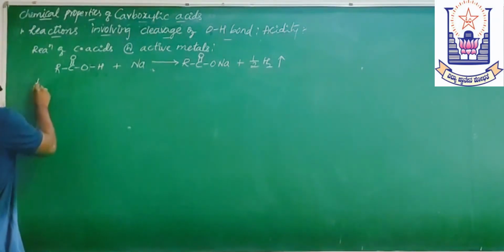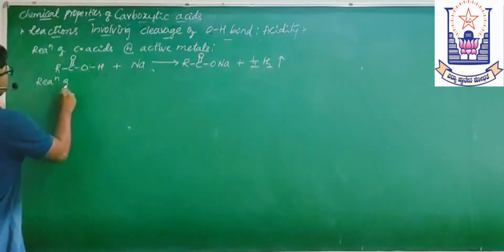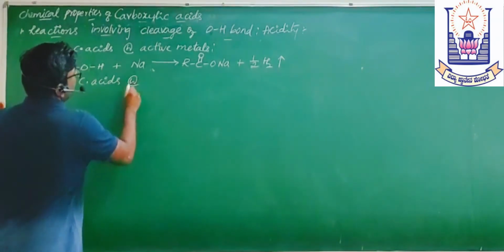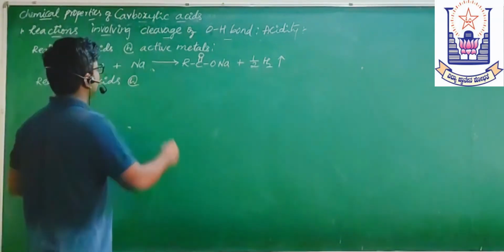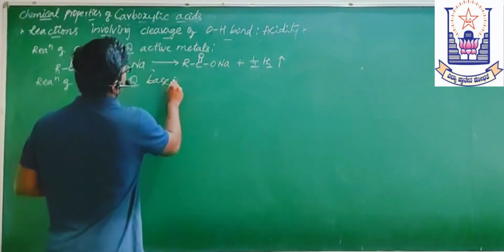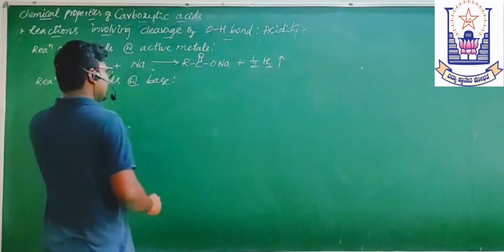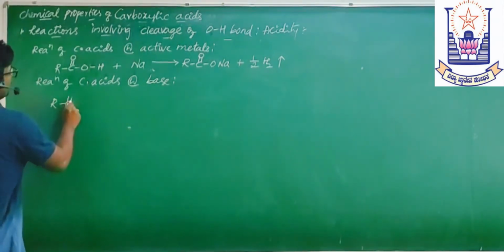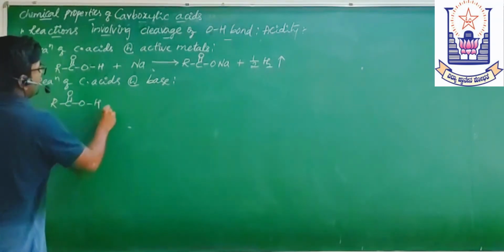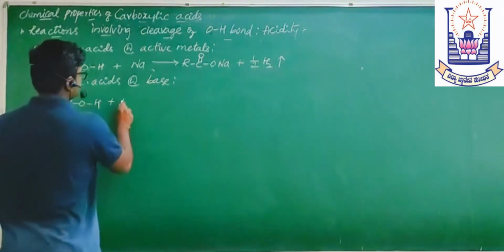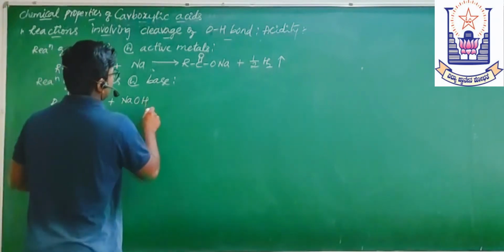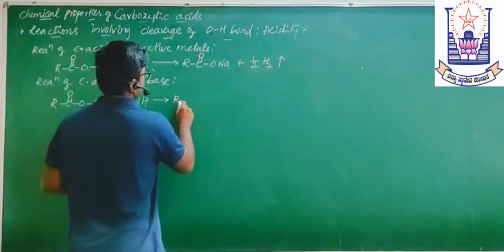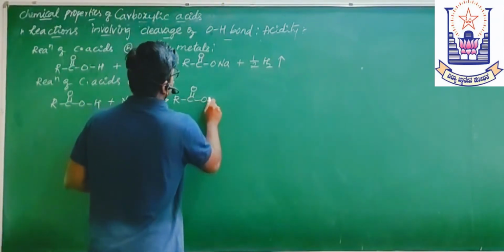Reaction of carboxylic acids with a base, like KOH, NaOH. Let's take down RCOOH reacts with NaOH to give RCOONa.